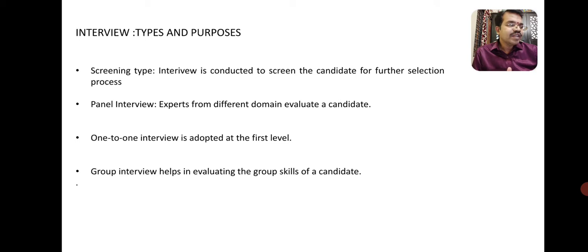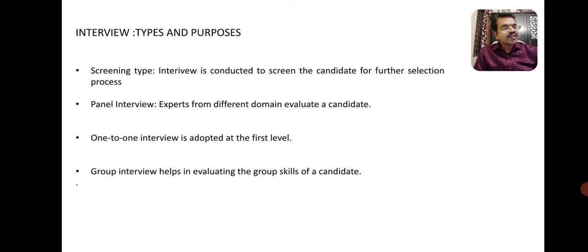And if the candidate doesn't prove himself to be a good team member, then he cannot be an asset to the company. He is definitely a kind of liability to the company.